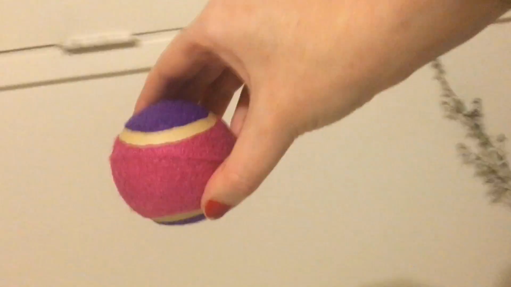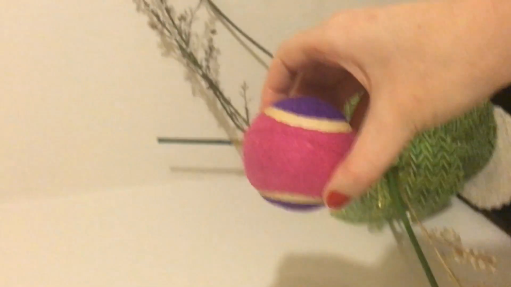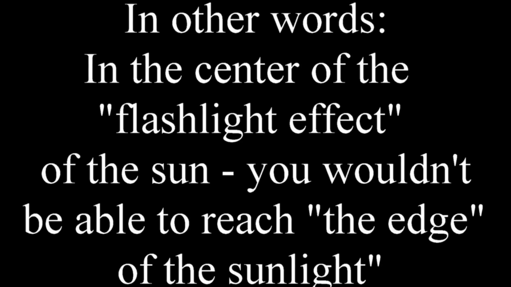So we're never going to see a spaceship traveling through the darkest space and then suddenly hit the rim of the sun, if the sun is a ball that emits light in all directions. Because then it would have to be more like something like this, so that no matter where you go in the universe, in any direction around the sun, you're going to be in the middle of its light.